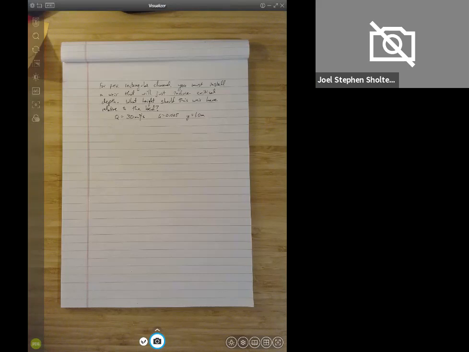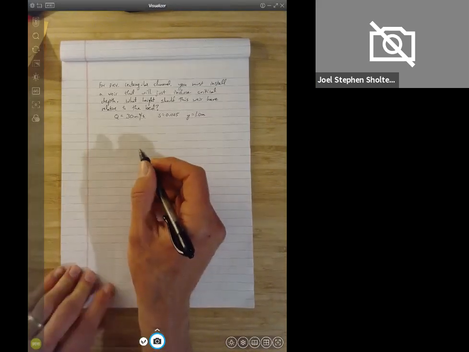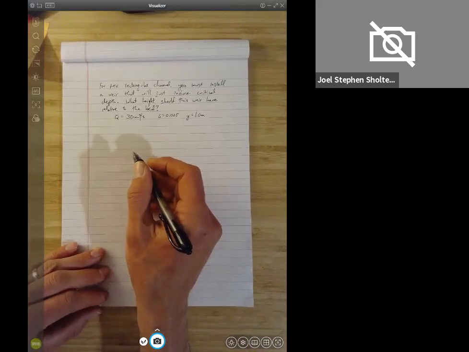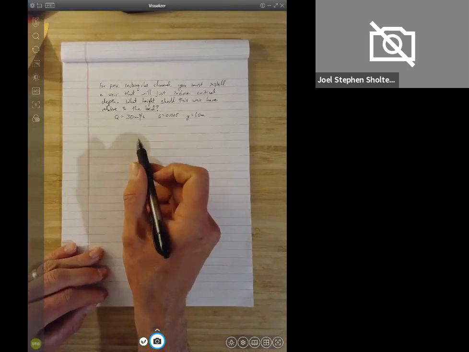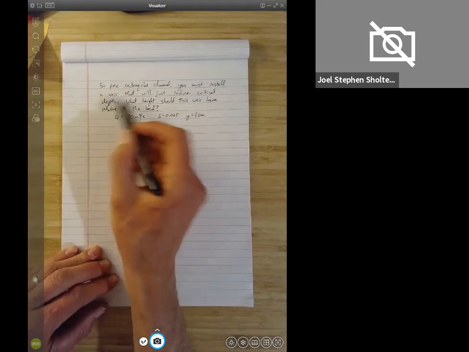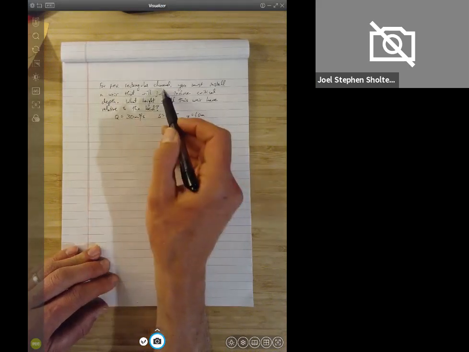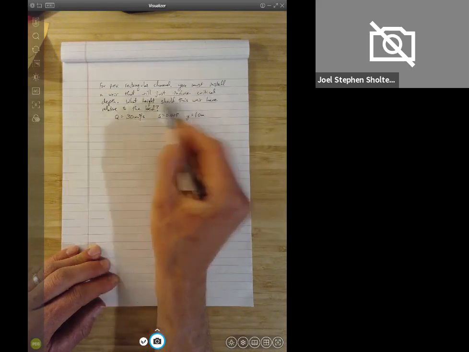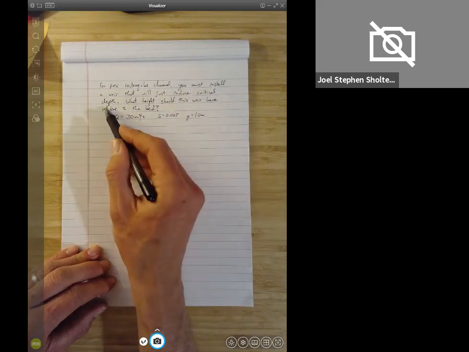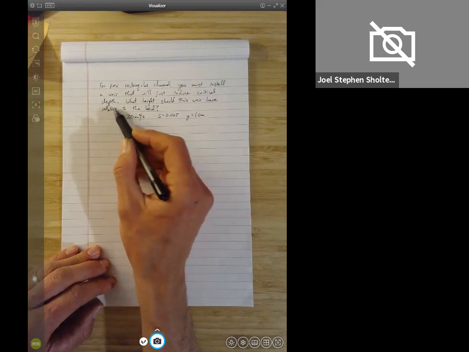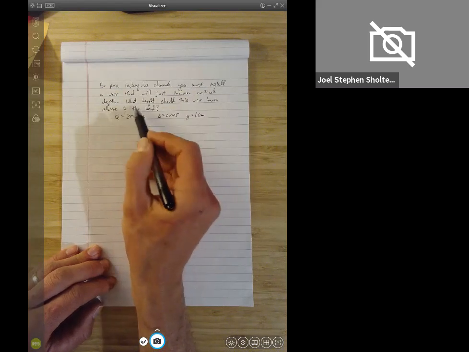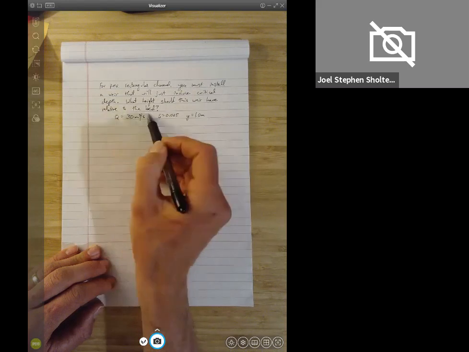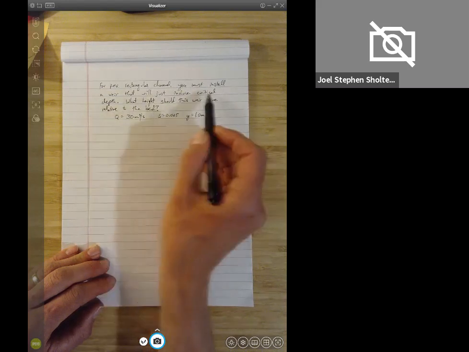Okay, another problem we'll look at from the homework is choking and how to calculate choke-related problems. The way I set this up is we're dealing with the same rectangular channel you had before. We need to install a weir that will just induce critical depth, or just cause the water to choke, but not quite. What height should this weir have relative to the bed to induce critical depth at the weir?